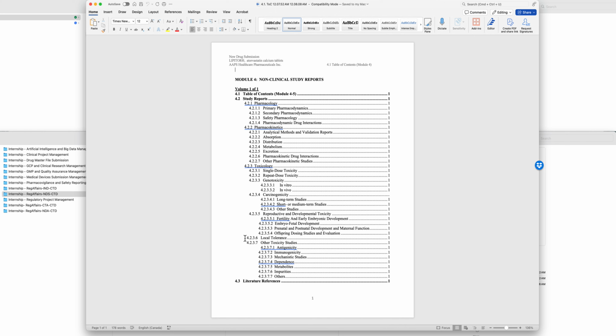And then we can also add other toxicity studies such as antigenicity, immunogenicity, mechanistic studies, dependence to the drug, and other metabolites of the drug, because don't forget that a drug can be metabolized, but the metabolite can also be active. The metabolite can even be more active.